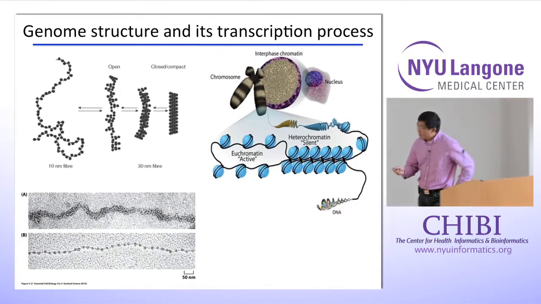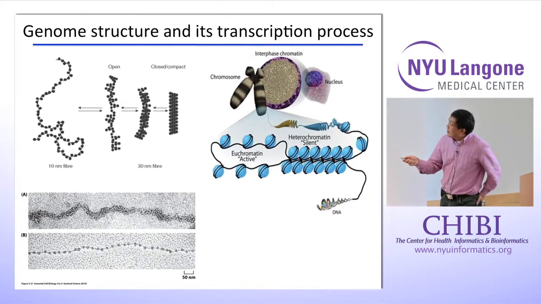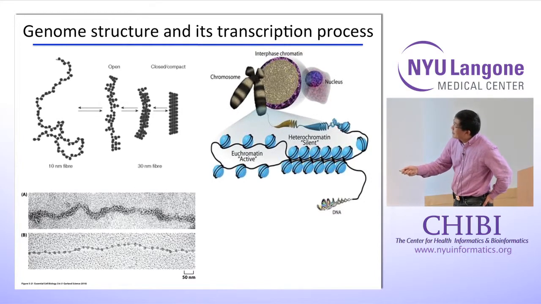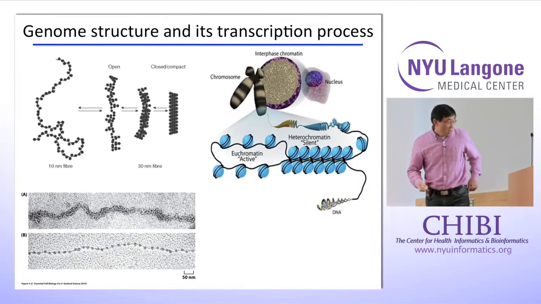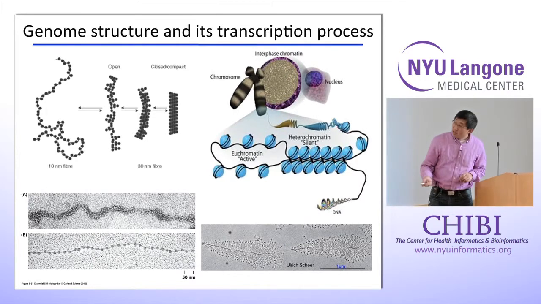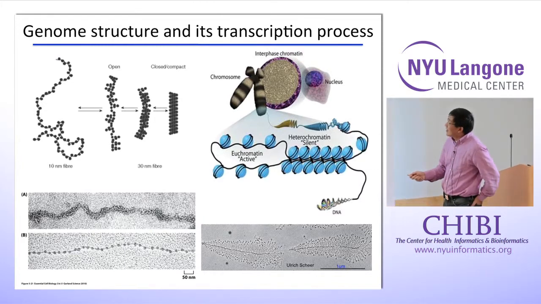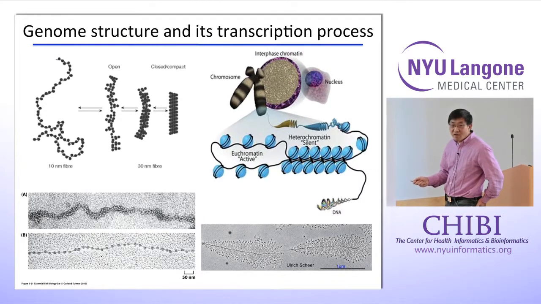Here is the active status of the chromatin and the silenced status of chromatin under the electron microscope. What we call here is beads on a string. And this is a real image from transcription. When I saw this image, it totally changed my thinking about gene expression.